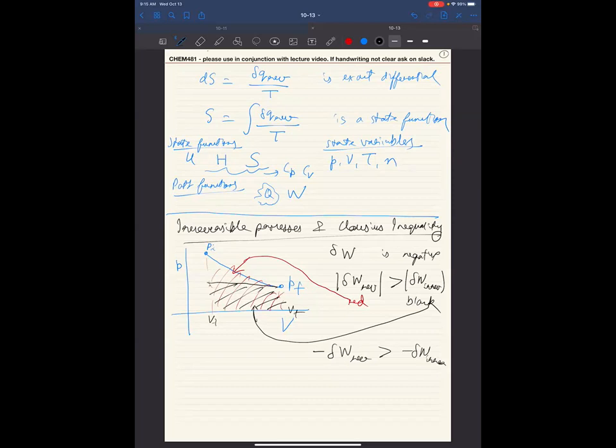This is the first time we really saw reversible and irreversible, but now we are going to make it a bit systematic. In order to make it systematic, we will talk about something called the Clausius inequality, where we have a system in a state A, and the same system can be in some state B. This could be in pressure-volume space or pressure-temperature space.